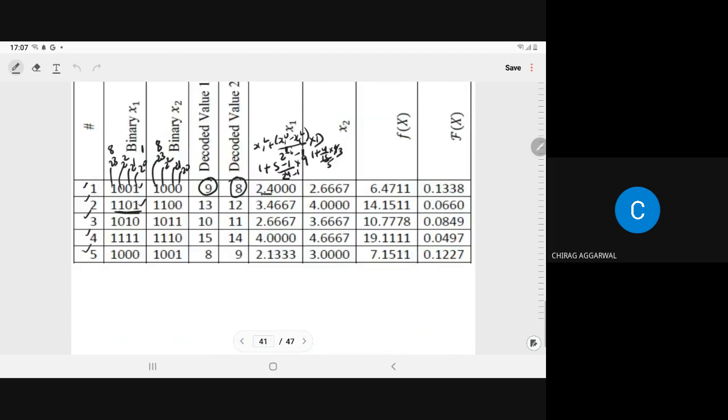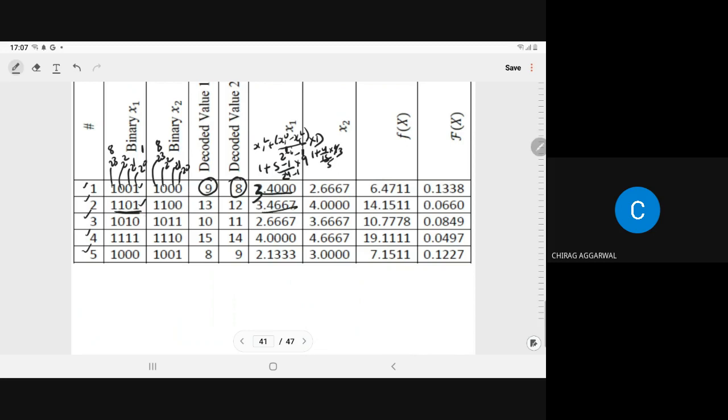Whatever the x1 that you have to compute, 1 plus 5 minus 1 upon 15 into 9. It should be 3.4 I think. Please check once. Yes, sir. According to this value, it should be 3.4.